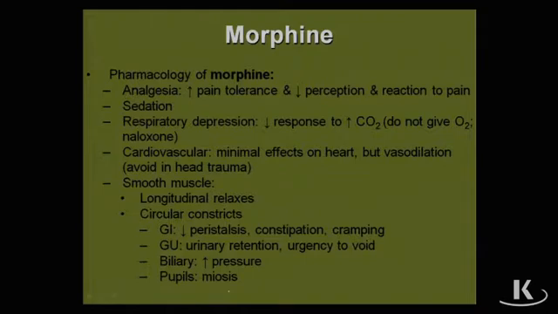As I go back to the PowerPoint presentation, we have some major points associated with the pharmacology of morphine. This is a drug that is used as a central analgesic, and it is used as such because it increases the tolerance to pain by suppressing the perception of pain, and therefore by causing your brain no longer to react to those noxious stimuli.